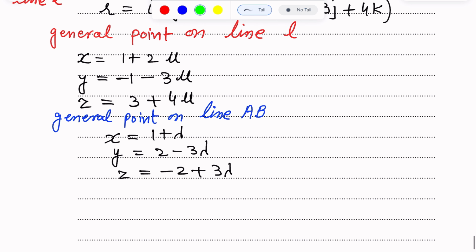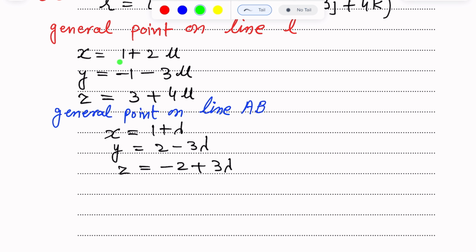Now we will equate the corresponding coordinates of both the lines. Equating, we get x coordinate of line L is 1 plus 2 mu and x coordinate of line AB is 1 plus lambda.